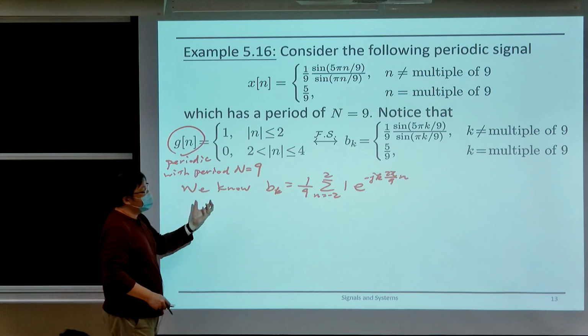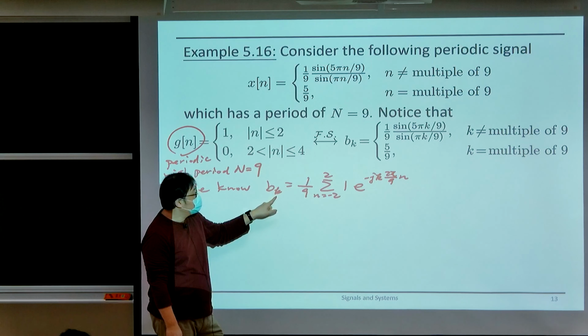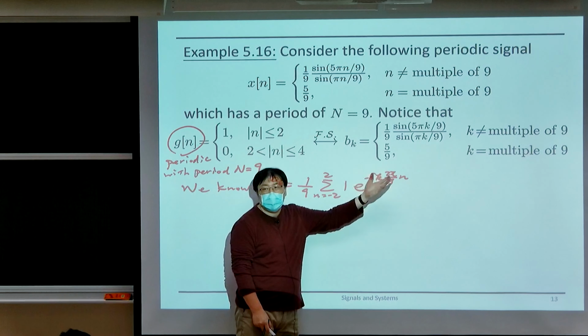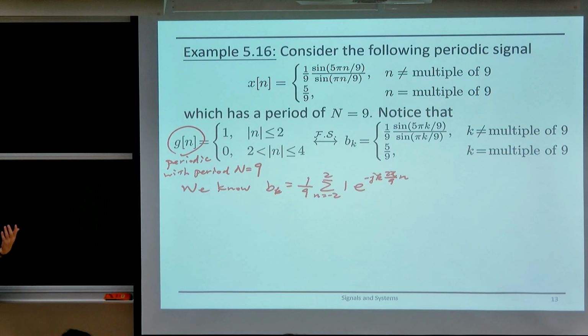Now, we can just do a change of variable where we change k to some n prime, set n to some k prime, and view bk as xk.